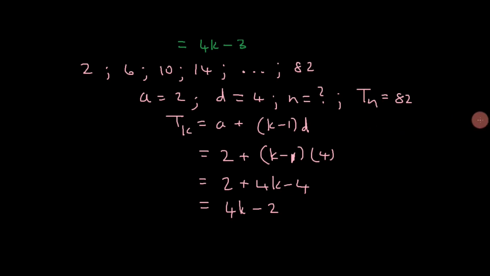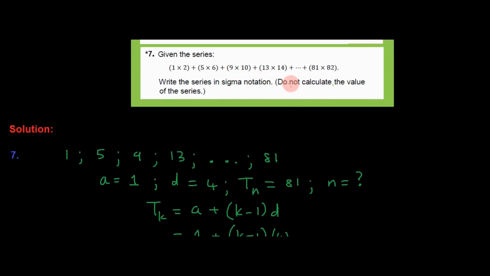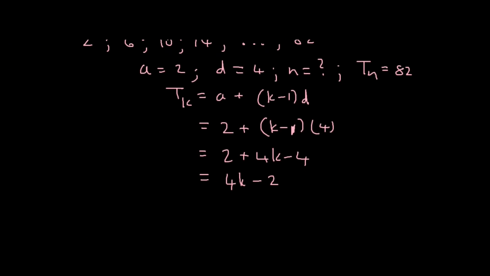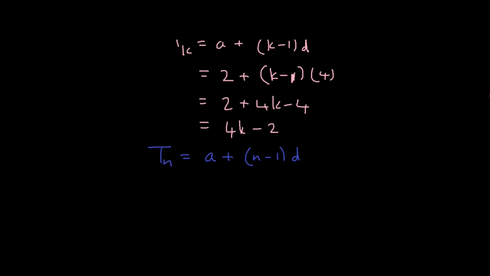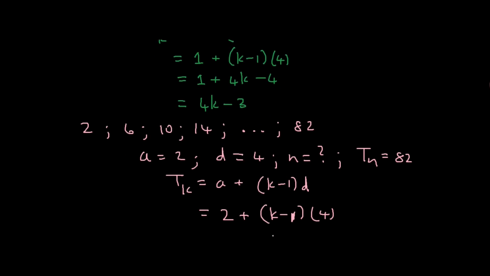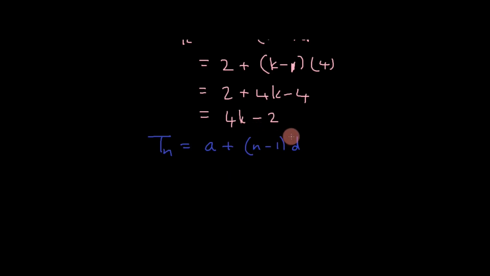We're almost ready to write the sum in sigma notation, but we do need the number of terms. So we're going to use the formula T sub n equals A plus n minus 1 d. Or rather, we could use this formula and plug in 82 for T sub n and 2 for A, etc. But since we already have the general term, we can either use the general term of the first set of factors or that of the second set of factors in order to find the number of terms.